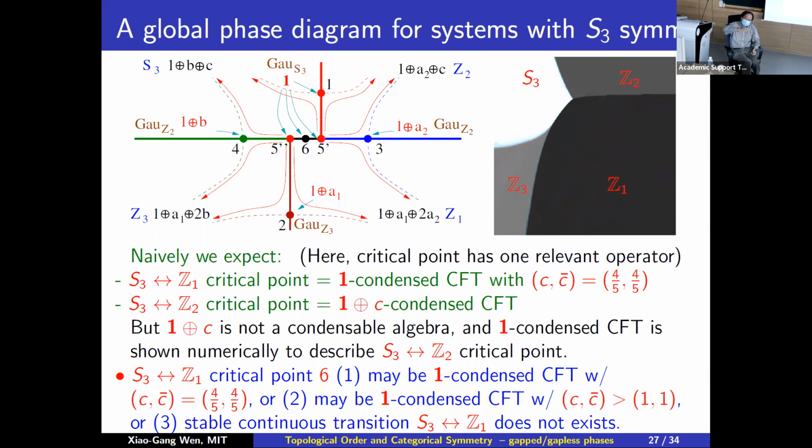We already have a smaller central charge CFT with two relevant operators. Then we expect to find some CFT with a larger central charge, but more stable. It's kind of counterintuitive. But actually, we are frustrated here. All these solutions look surprising and strange. And so we have to pick the least worst one.